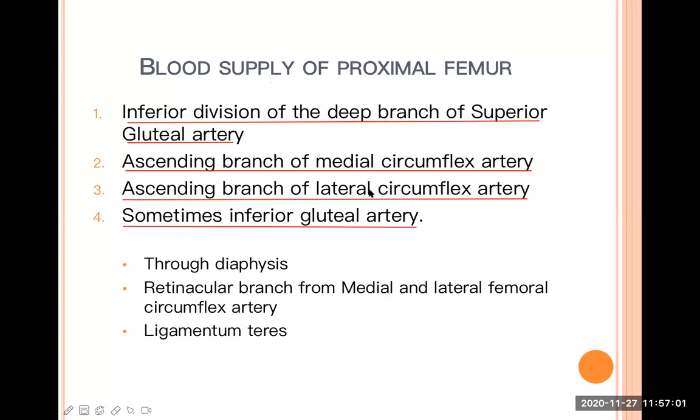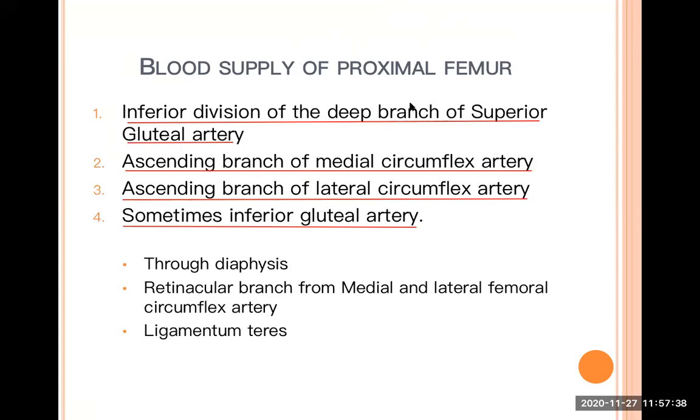They form an arcuate-like structure, a little bit distal to the capsule of the hip joint, and from there, different blood vessels ascend up towards the neck and head of the femur, and they supply those structures. And this ascending type of vessel which ascends through the capsule of the hip joint is known as retinacular branch.